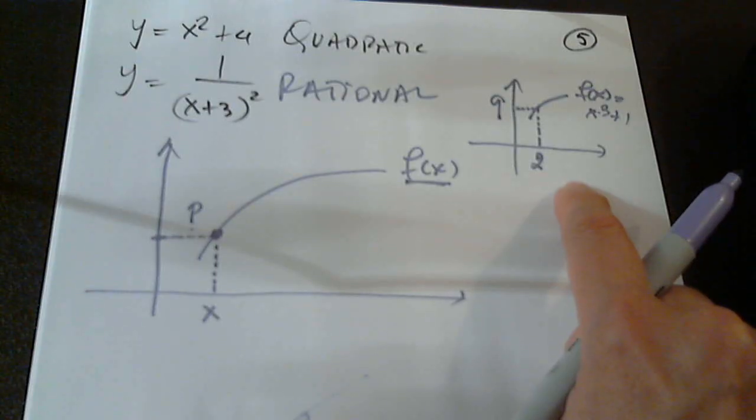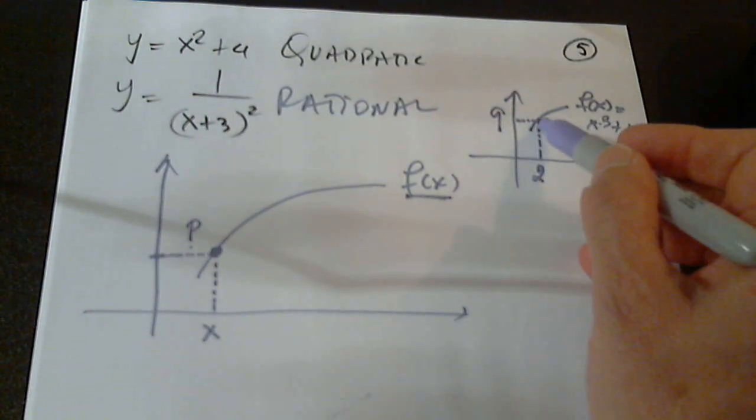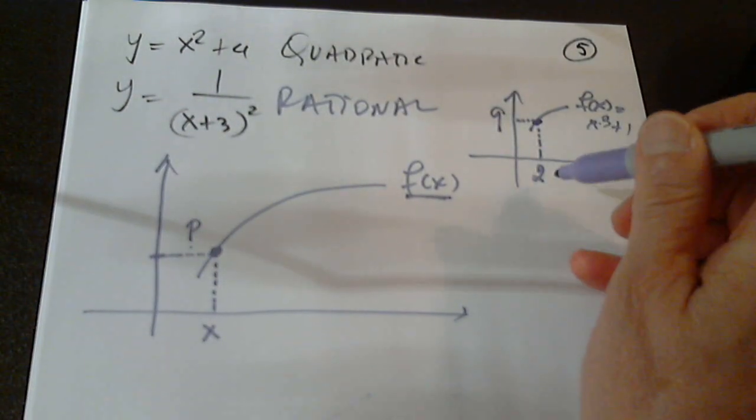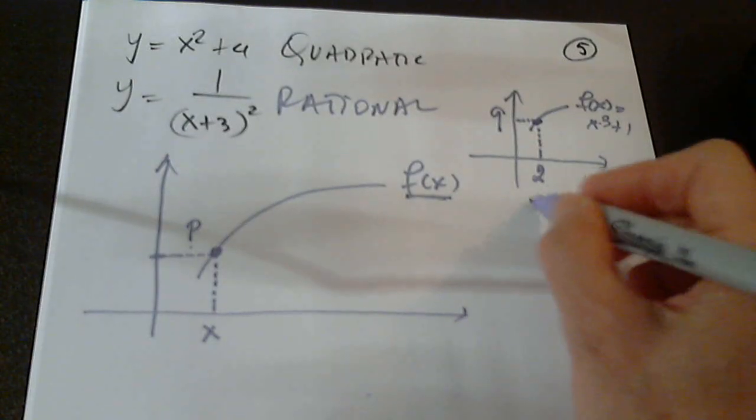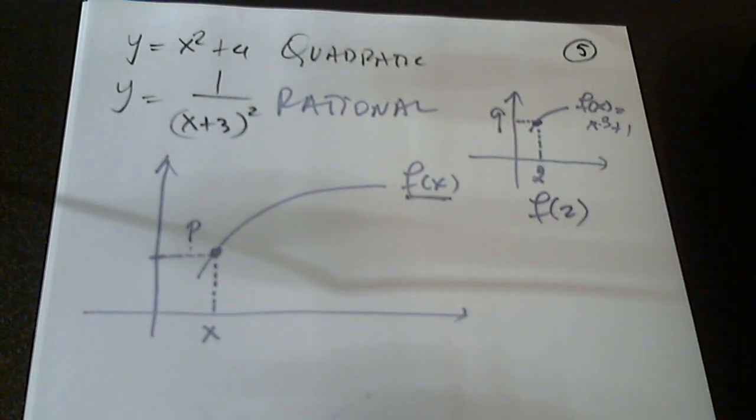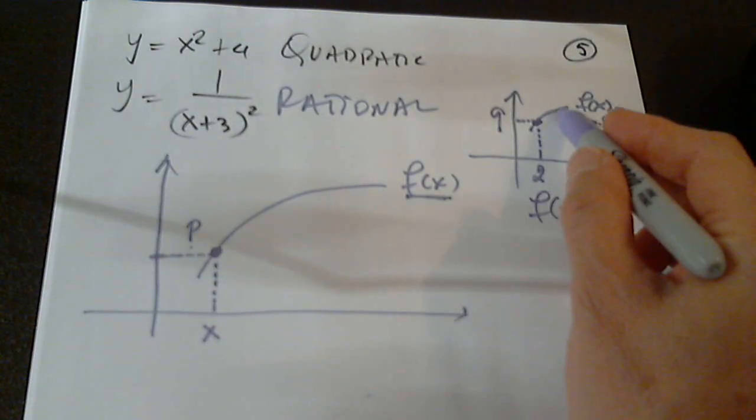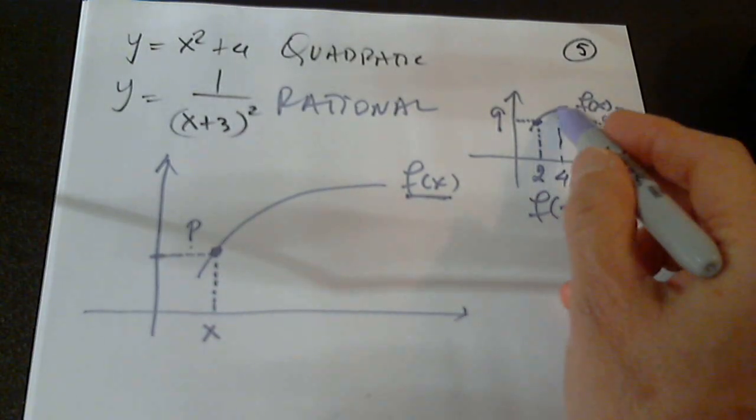Okay. If a point is on the graph of a function and you are given x, you have to find f of x in order to determine the y coordinate of that point. If you're given 4, you have to determine f of 4.